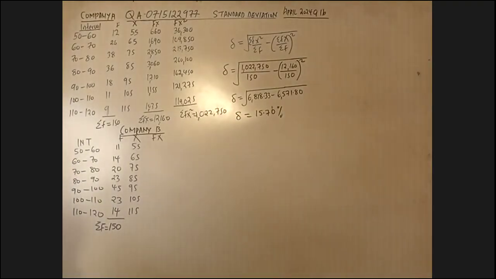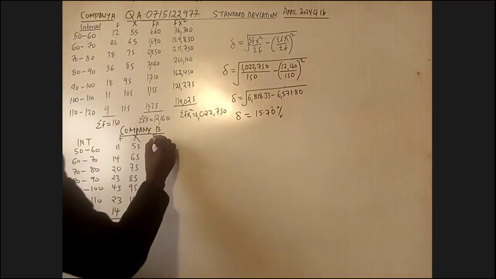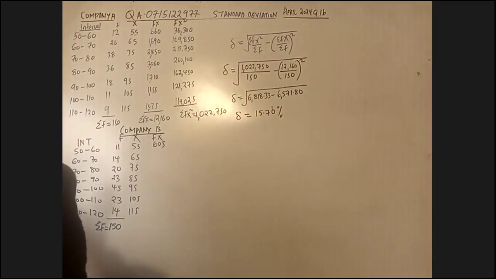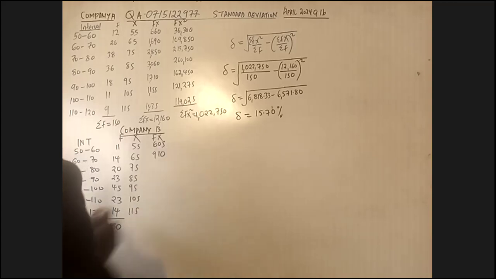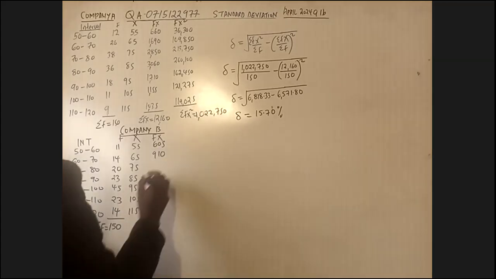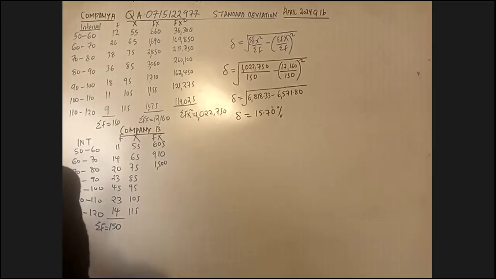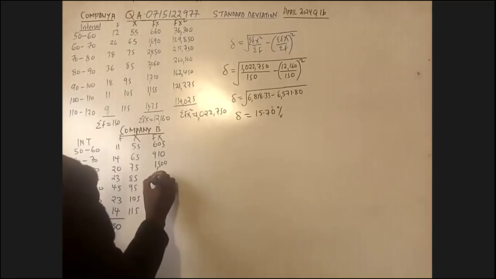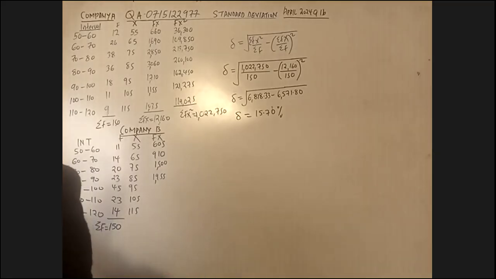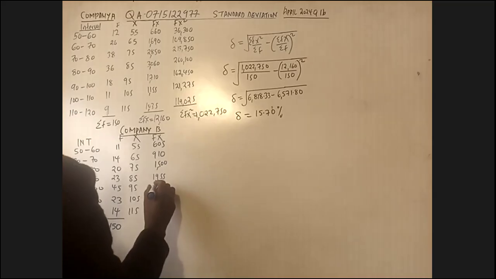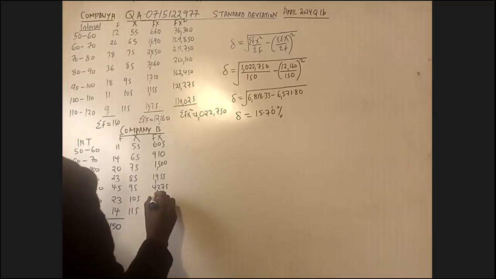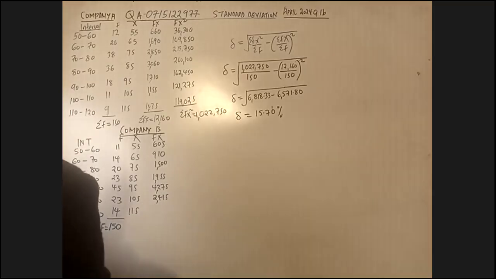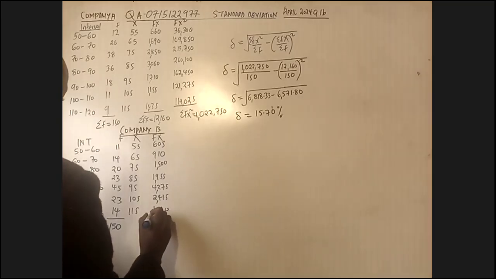Fx: 11 times 55 is 605. 14 times 65 is 910. 20 times 75 is 1500. 23 times 85 is 1955. 45 times 95 is 4275. 23 times 105 is 2415. 14 times 115 is 1610.